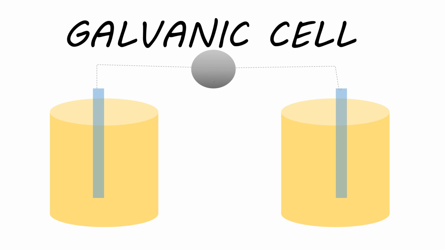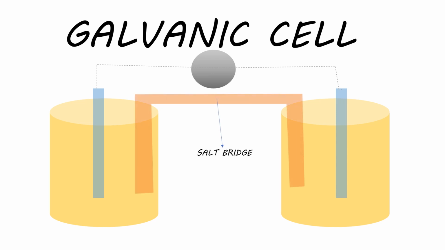To start the reaction, we have to put in an external component known as the salt bridge. A salt bridge is basically a U-shaped glass tube in which an inert electrolyte is filled along with a gel, or the electrolyte itself is a gel.